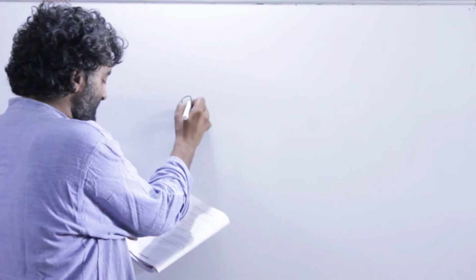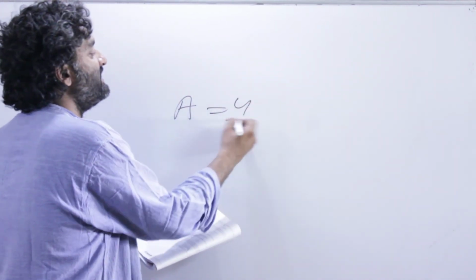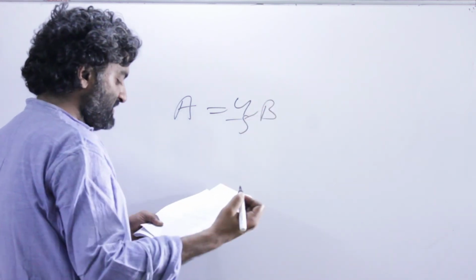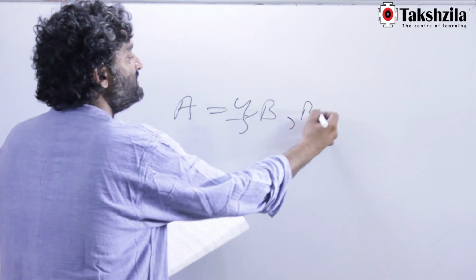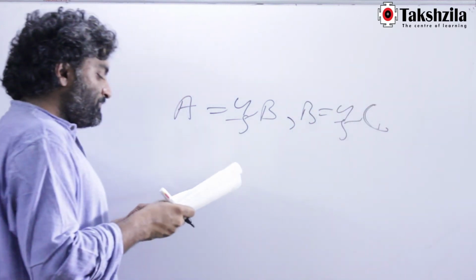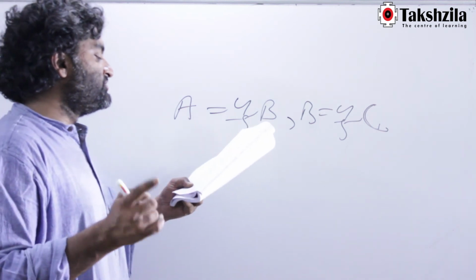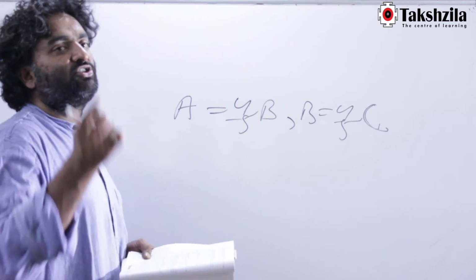So first of all, let's capture the basic information given. A is 4 by 5 of B, whereas B is 4 by 5 of C. Now the question is, what percentage of A salary is C salary? So from the language, what percentage of A?